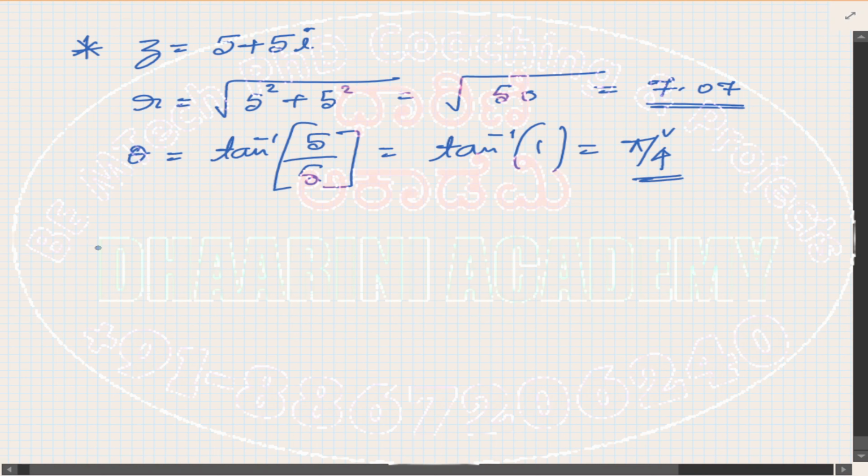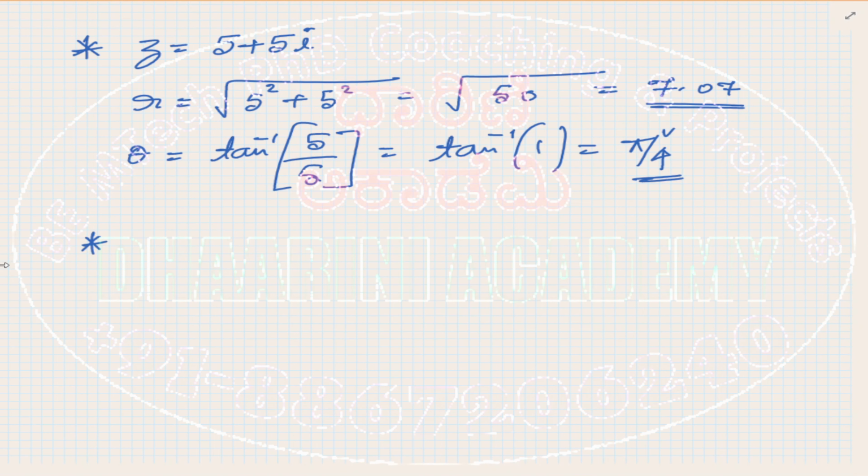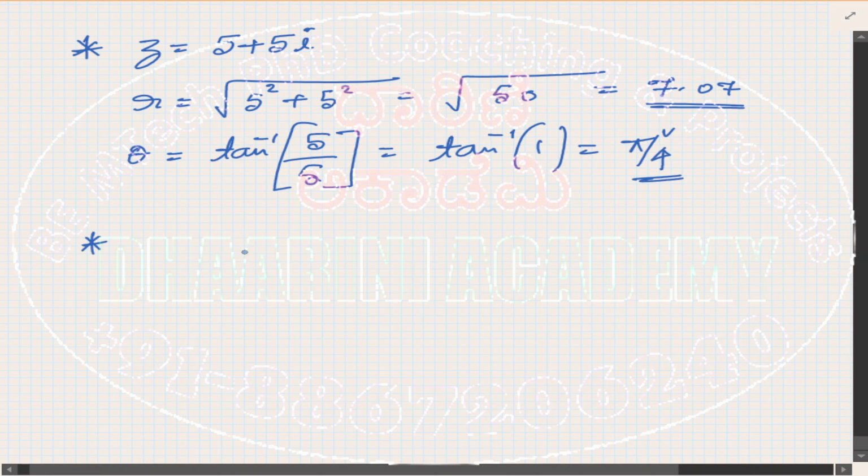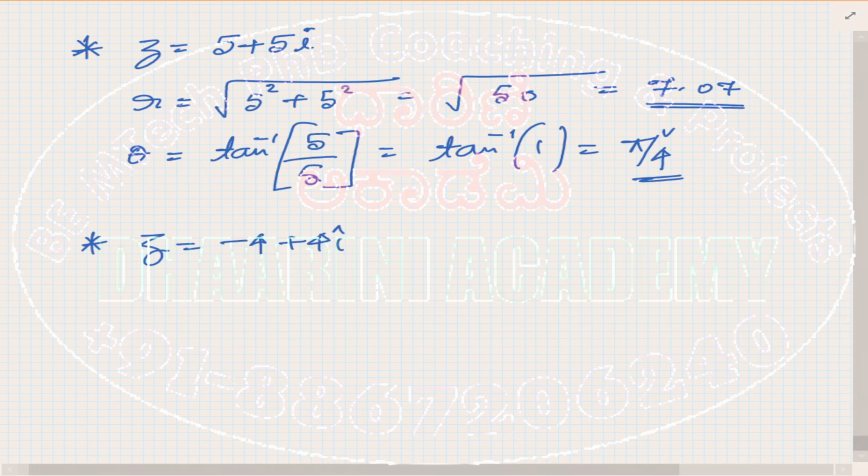That's the first case. Now see the second case. The second one is z equal to minus 4 plus 4i. So r we can calculate normally, there is no problem.